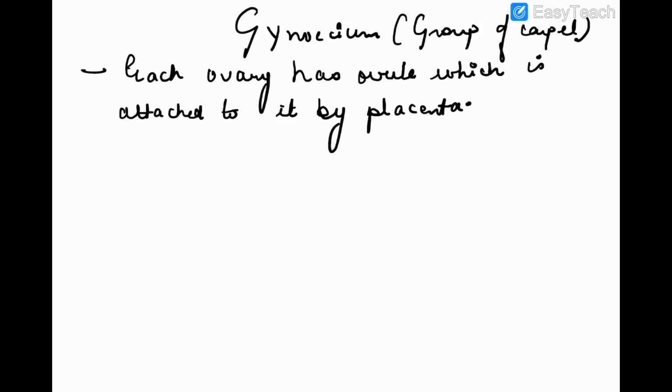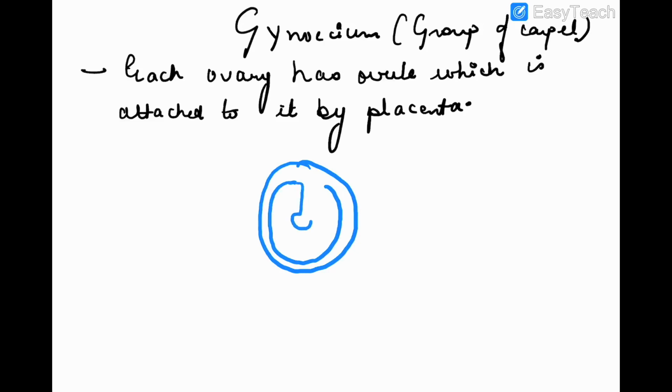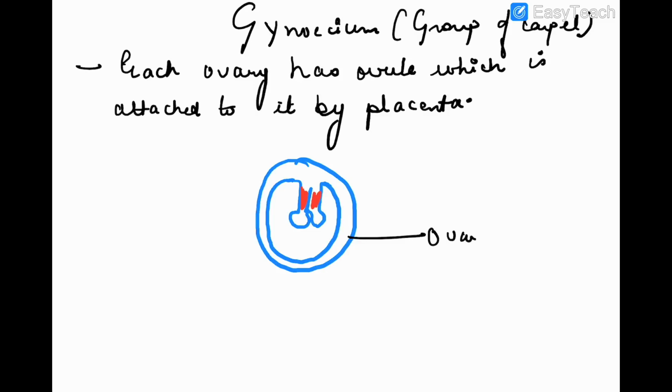If this is the ovary wall, this is the wall of the ovary, then these would be the ovules and the structure which I am drawing in red is the funiculus. So this is the ovary wall. These are the ovules.